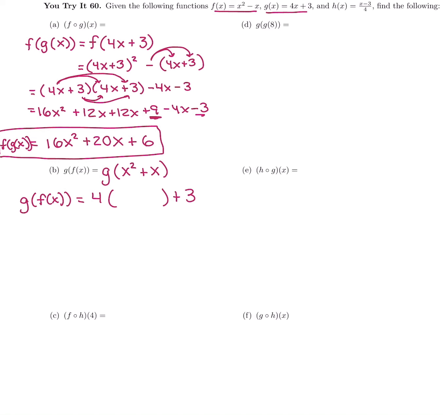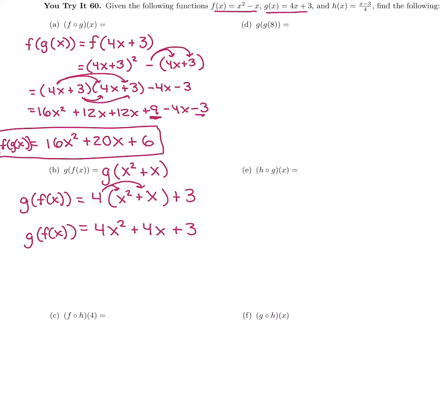So instead of 4x plus 3, I'm replacing x with x squared plus x, since that's what f was. I just have to distribute here, which gives me 4x squared plus 4x plus 3. There's my g of f of x.